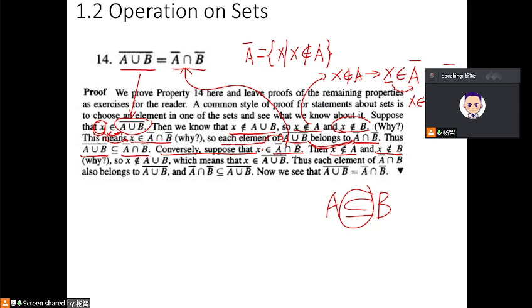Okay, let's separate this expression. This means x belongs to the complement of A and x belongs to the complement of B. Is that right? So x belongs to the complement of A, it means x does not belong to A. And this means x does not belong to B.